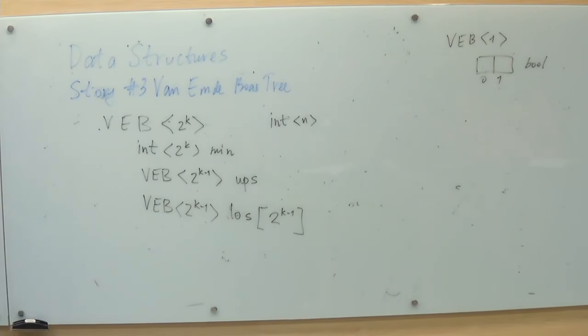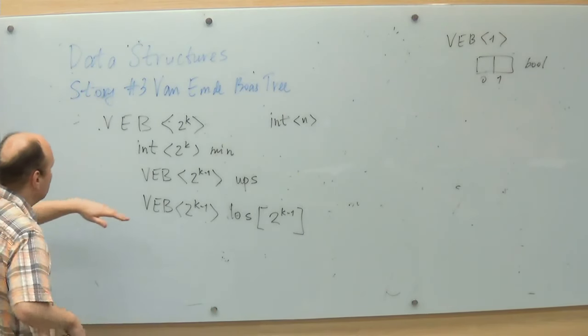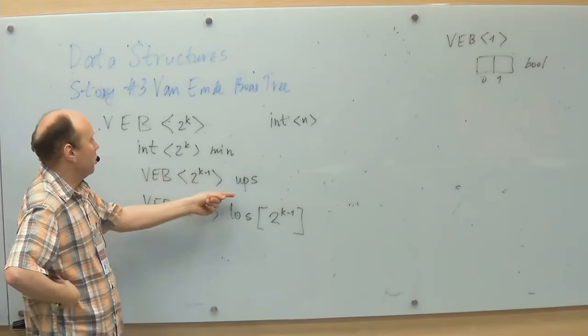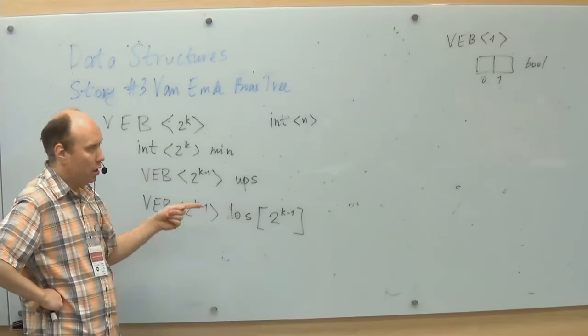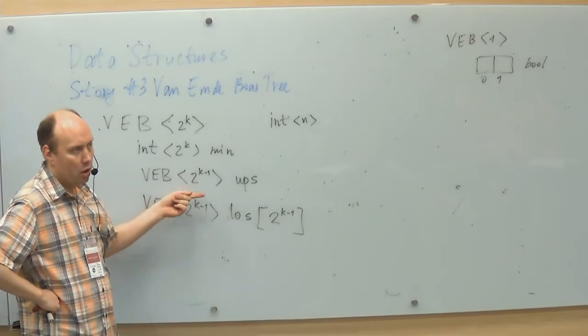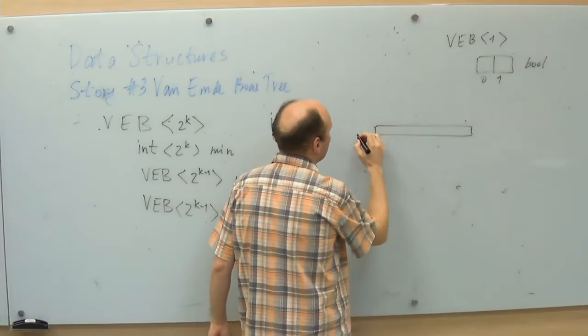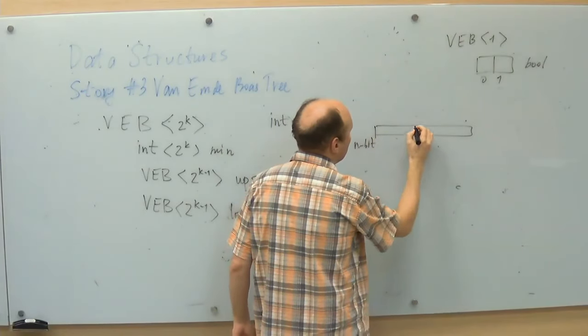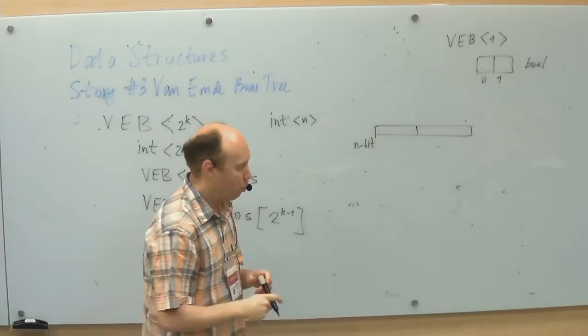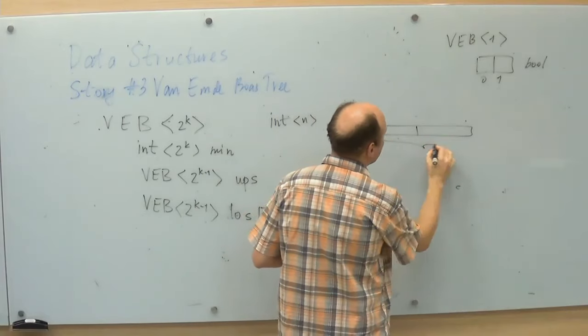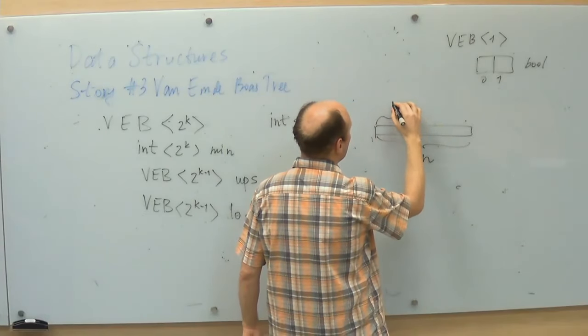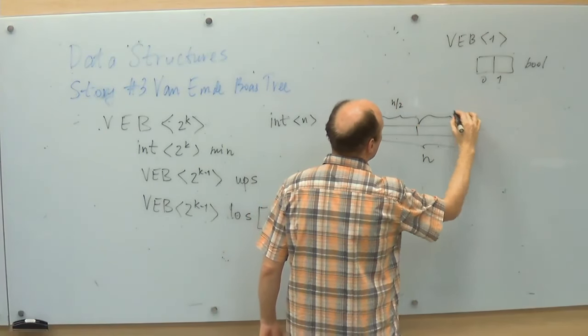So again, we separately store our minimum value, and we separately store 2 van Emde Boas trees. Let's take an n-bit integer. It consists of 2 parts, so it has n bits: n divided by 2 and n divided by 2.